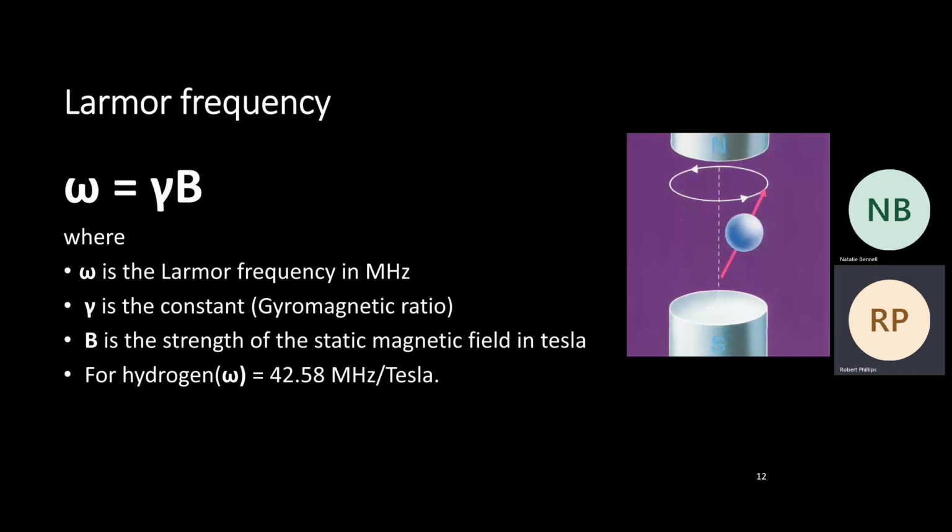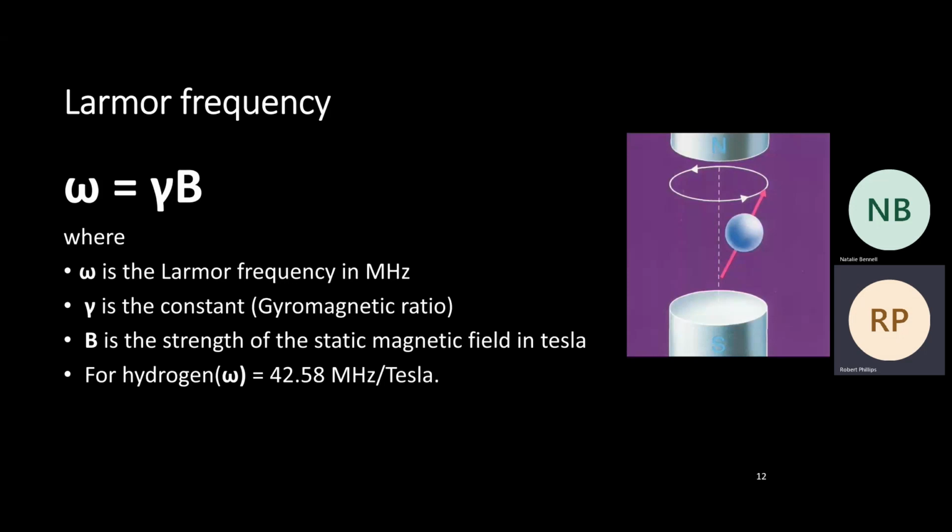And the constant is the gyromagnetic ratio, which is specific for the specific material. So we can calculate the frequency of this circular momentum with the equation called the Larmor equation. So for hydrogen atom, it's 42.58 megahertz per Tesla.